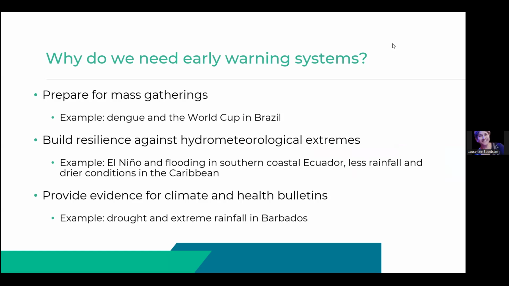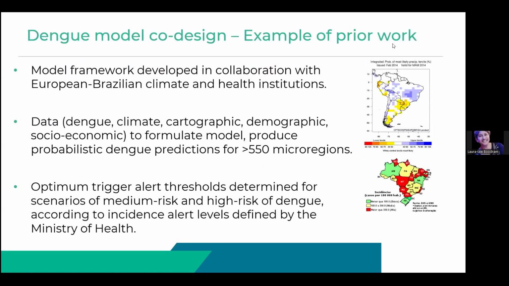But apart from that, they are reasonably stable. One of the good things, of course, for these early warning systems is that they provide evidence for climate and health bulletins. So we do introduce a bit of what we produce out of this into, for example, the bulletin that Roché would have been speaking about that we jointly produce.